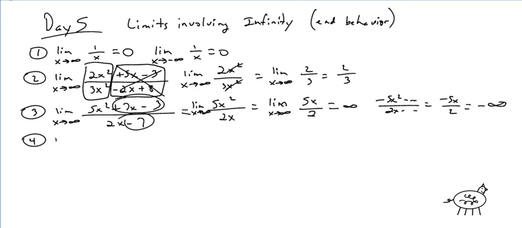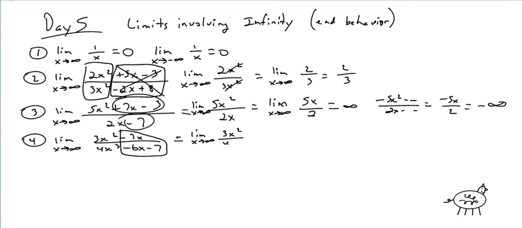The fourth one is the limit as x approaches infinity of (3x squared minus 7x) over (4x cubed minus 6x minus 7). Again, the other terms really don't matter here, so this is equal to the limit as x approaches infinity of 3x squared over 4x cubed.